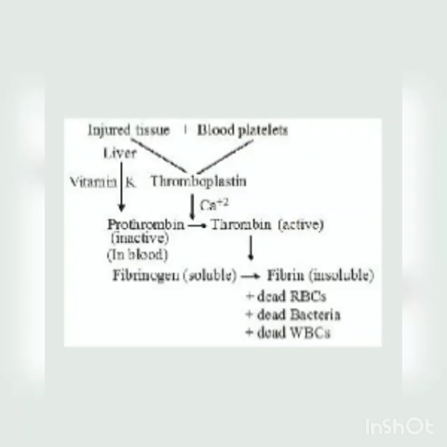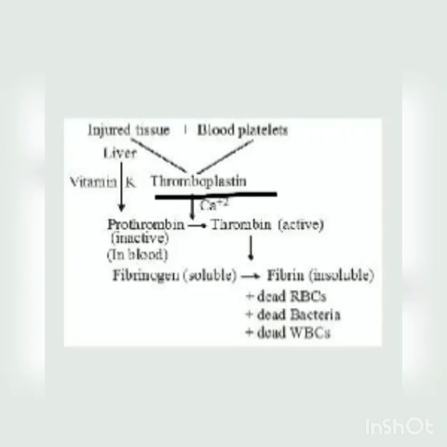So at the injury site, the tissue cells release platelets and clotting factor prothrombin activator, that is called thromboplastin, and calcium ion, whereas the liver releases vitamin K dependent prothrombin.